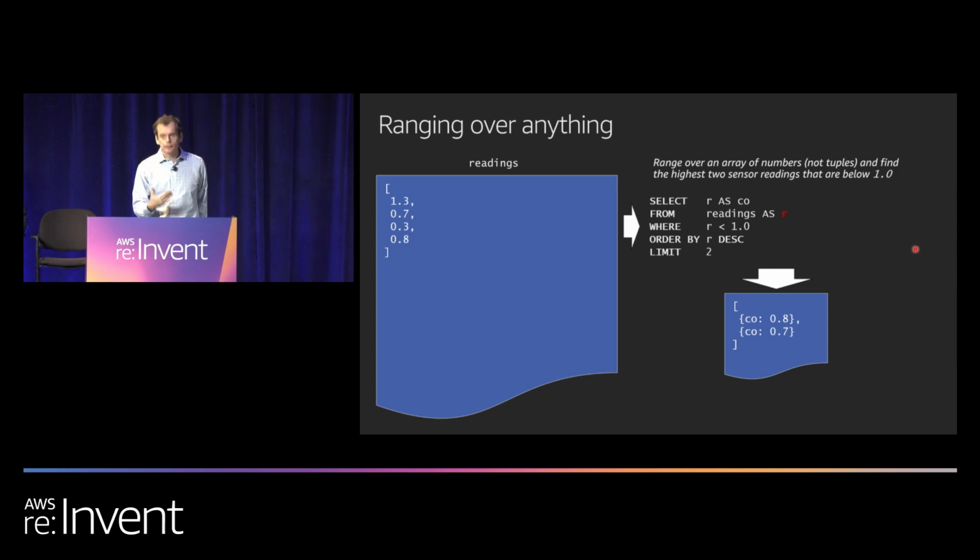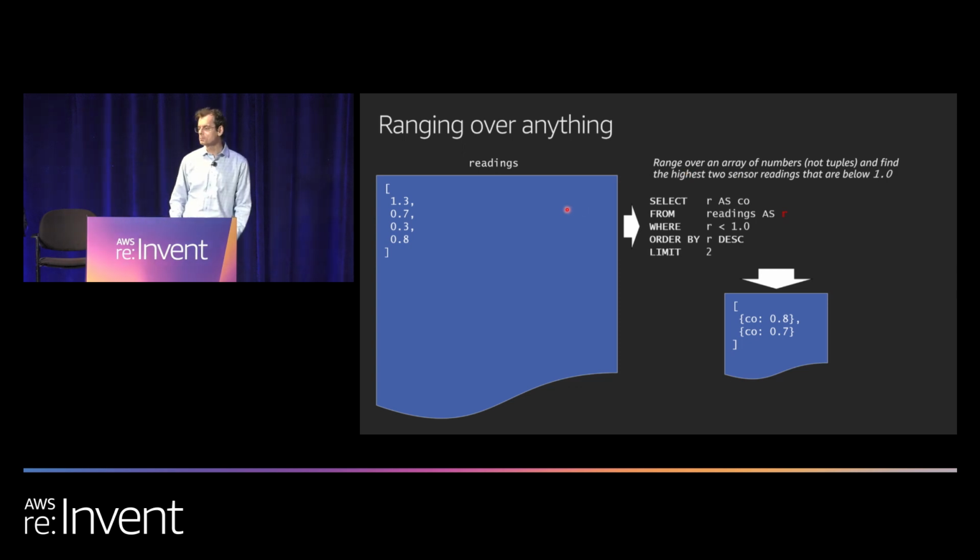So sticking with the theme of how powerful these tiny extensions to the from clause are, we're going to do an example now that looks very non-SQL. In this example, I'm saying that my collection of data is really one massive array.